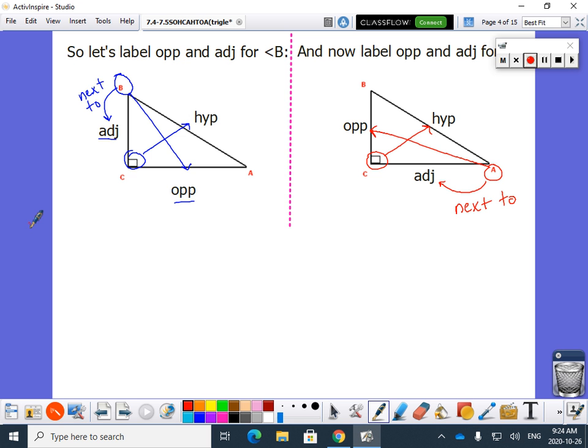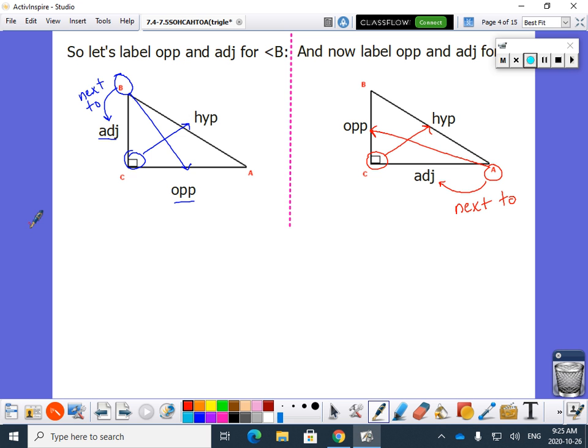So if a question said something dealing with angle B, then you know that across from angle B is always the opposite side. Next to angle B is the adjacent side. You need to know these terms because we're going to see on the next slide that we're going to do a calculation with it. So right now, all you need to understand is how to label the triangle.